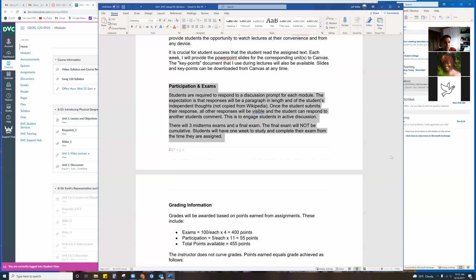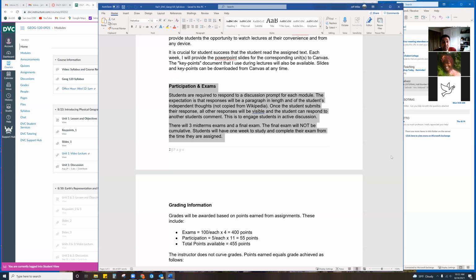The expectation is that you're going to provide about a paragraph or so in length, based on whatever inquisitive question I present to you, and you say, here are my thoughts on this, or here's what I learned about this, in your own words, not something you pull from Wikipedia.